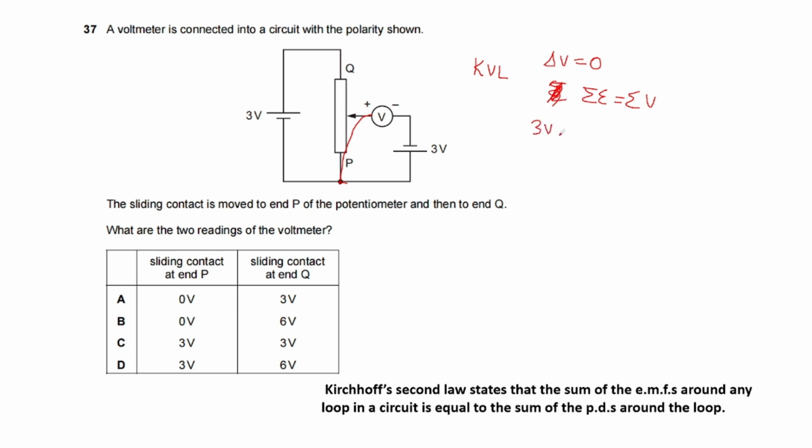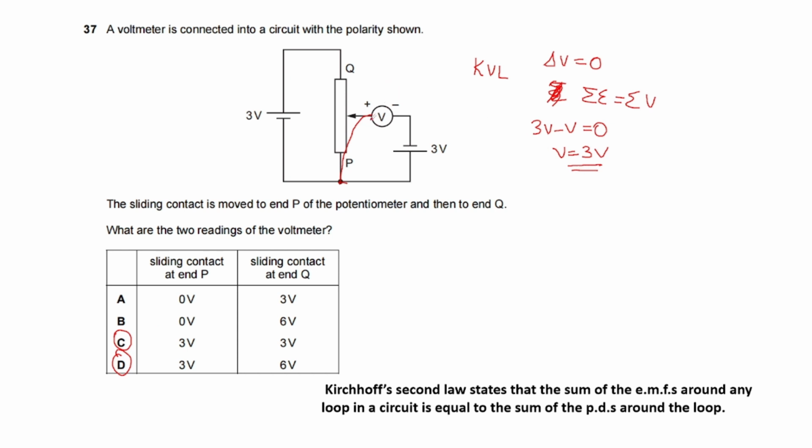So 3 we can take as positive, and this negative terminal is connected to the negative terminal of the voltmeter, which means that the voltage reading on this voltmeter will be negative. So 3 volts minus V, and the sum of the voltage is 0, right? Which means that V is equal to 3 volts. So at the sliding contact P, the voltage will be 3. So either option C or D would be the correct one.